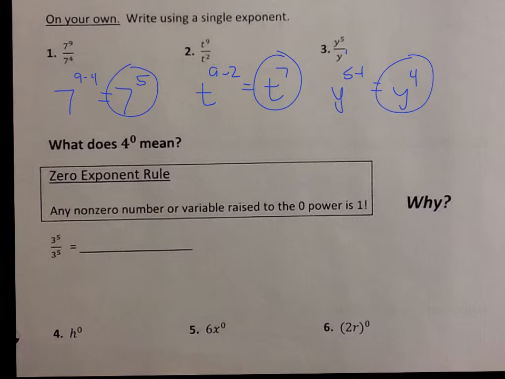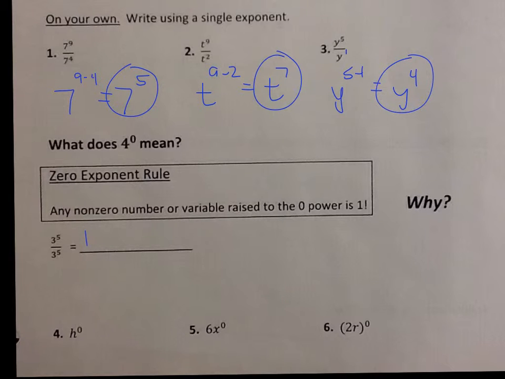So here's an interesting question. What is 4 to the 0? What does that mean? Well, the exponent rule is any non-zero number or variable raised to the 0 power is 1. So no matter what we have, anything to the 0 power is 1. So let's explore why that is. If I have 3 to the 5th divided by 3 to the 5th, first of all, 3 to the 5th over its same thing is 1.